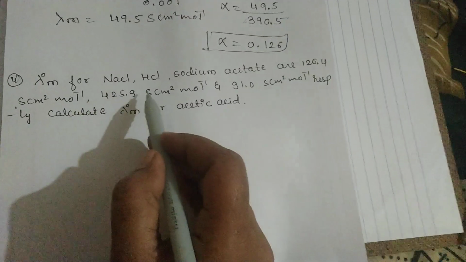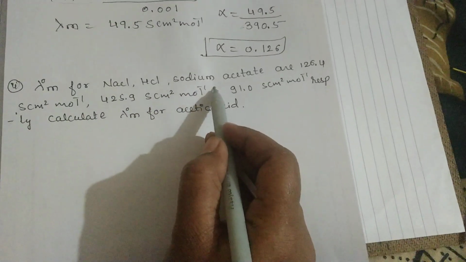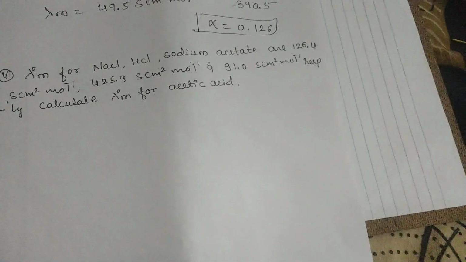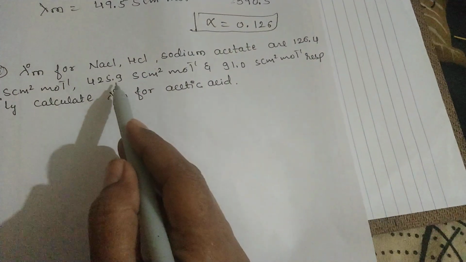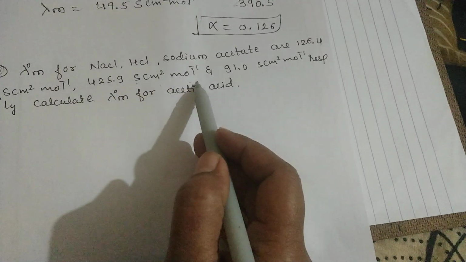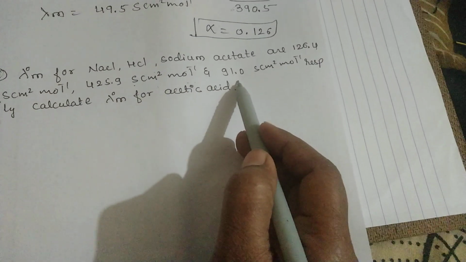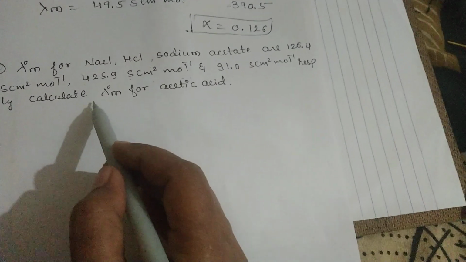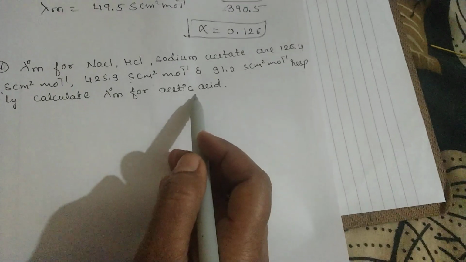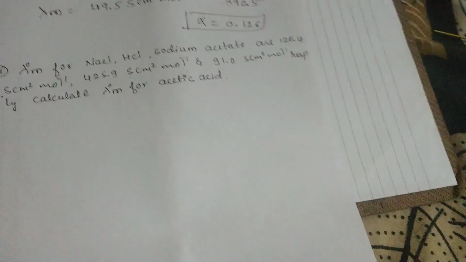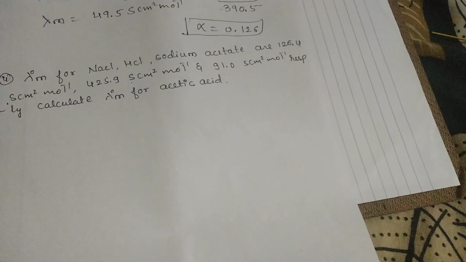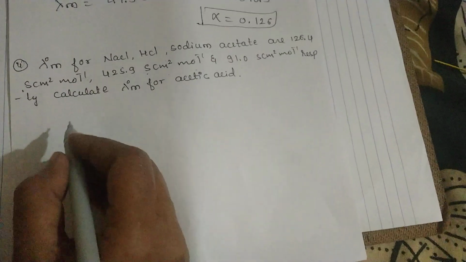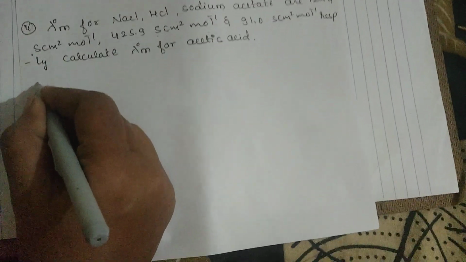Lambda naught m for NaCl, HCl and sodium acetate are 126.4, 425.9 and 91.0 Siemens centimeter square per mole respectively. Calculate lambda naught m for acetic acid. Simple. Here we have to apply Kohlrausch's law.